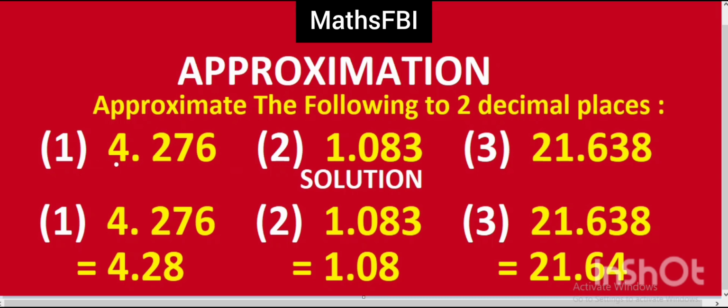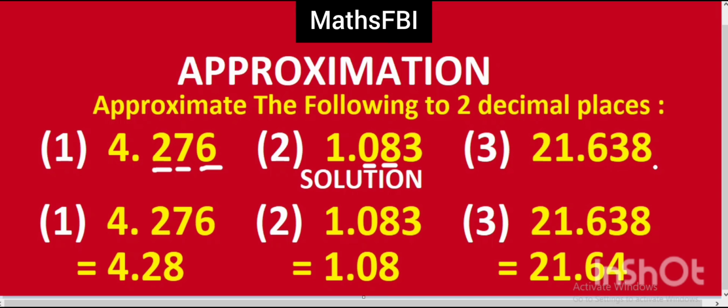As you can see, question number 1 has got a whole number and then decimal, with 3 decimal numbers. Okay. Question number 2, the number is in 3 decimal places. Question number 3, in 3 decimal places.